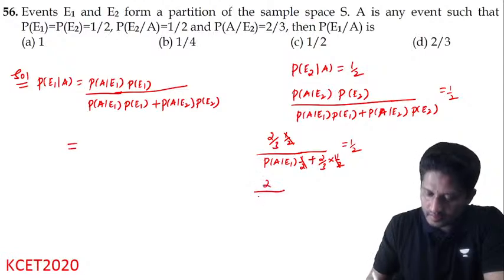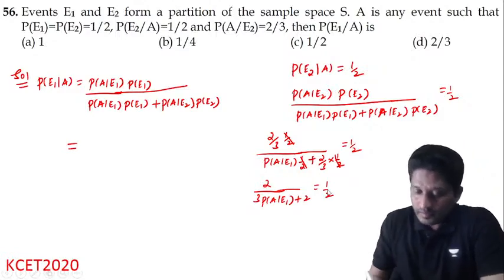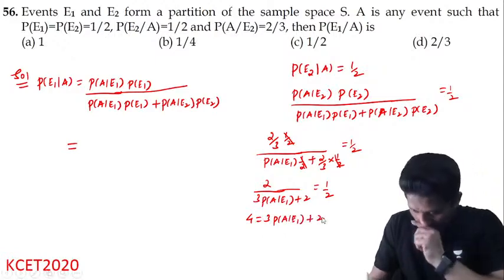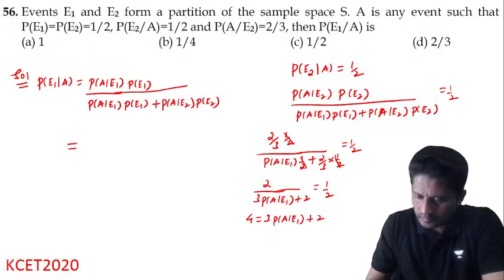2 divided by 3 into P of A given E1 plus 2 is equal to 1 by 2. If I cross multiply, 4 is equal to 3 times P of A given E1 plus 2. 1 by 2 will cancel, take LCM 3, 2 plus 3 P of E1.